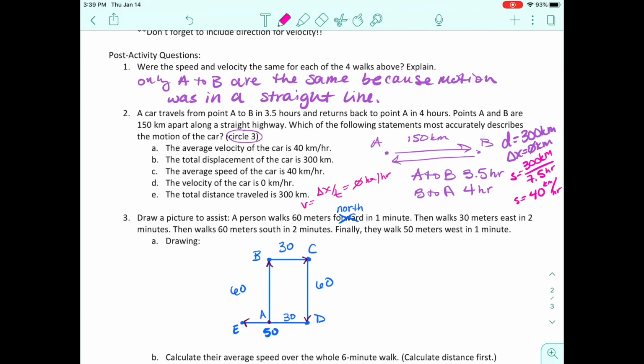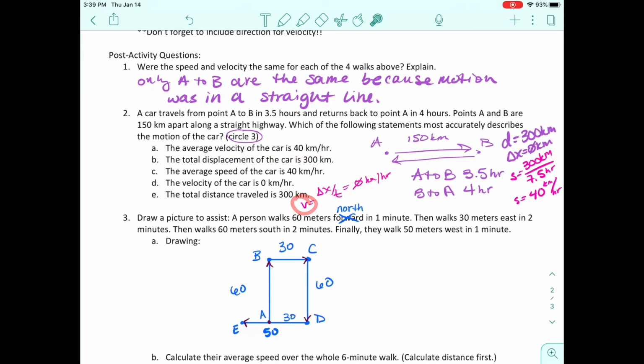So now that we know the distance, the displacement, the speed, and the velocity, now we can look at our statements and figure out which ones are true and which ones are not true. So we want to pick 3 statements that are true. So the first one says the average velocity of the car is 40 kilometers per hour.